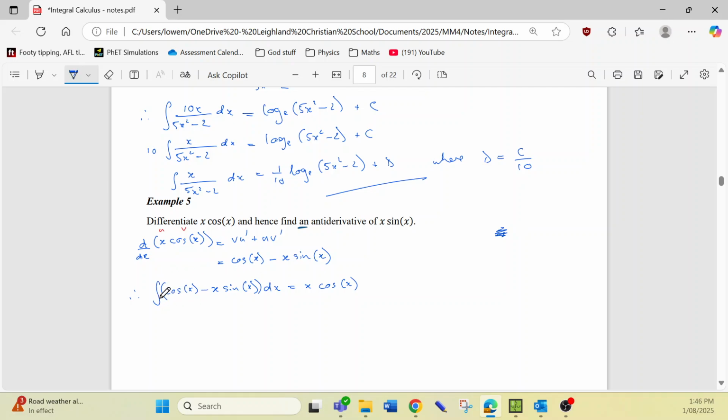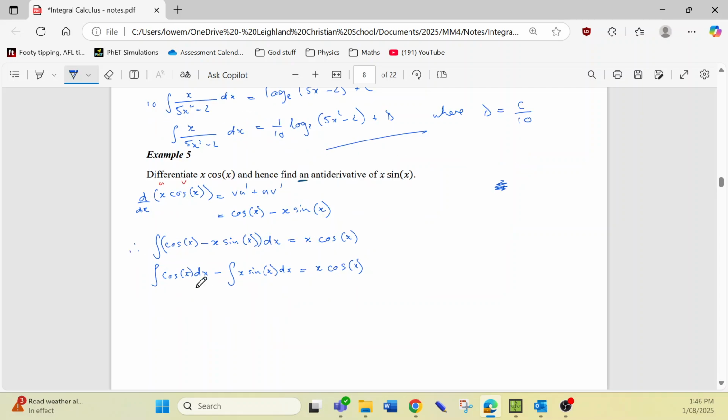All right, but we know that when we are finding the integral of separate functions, we can actually split that into two separate integrals. So let's go like this, change that to the integral of cos x dx minus the integral of x sine x dx. And we know that is still going to equal our x cos x. Okay, by splitting that up, then we can basically move things around on that equation.